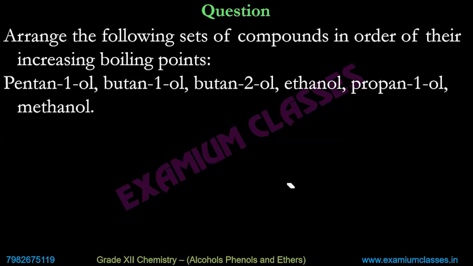Now the question, arrange the following sets of compounds in order of their increasing boiling point. Tell me the answer, write in the chat box. The one which has the minimum boiling point should be written first. Consider two things, molecular mass and whether there will be any hydrogen bonding and the extent of hydrogen bonding. These are all alcohols.